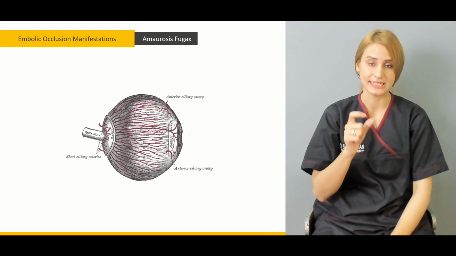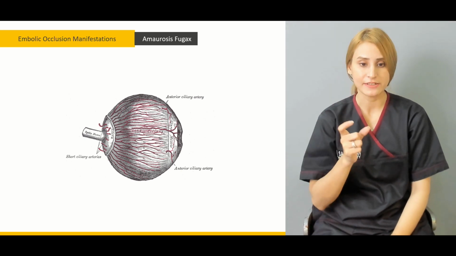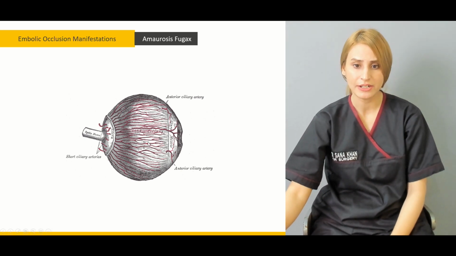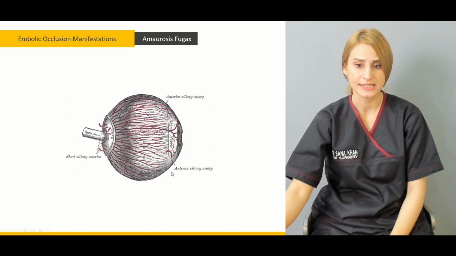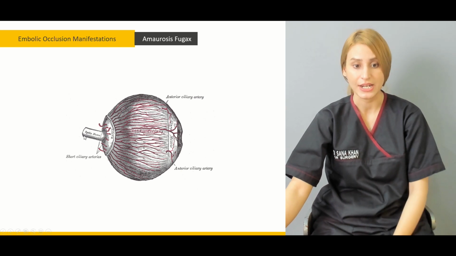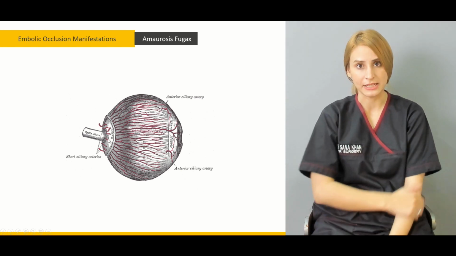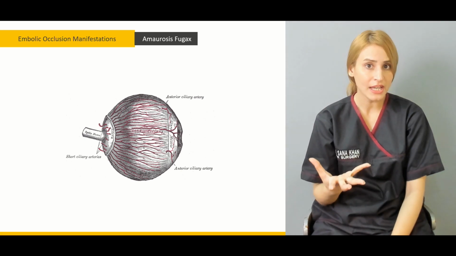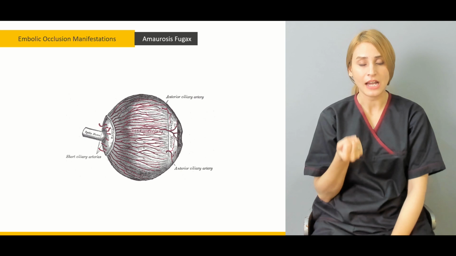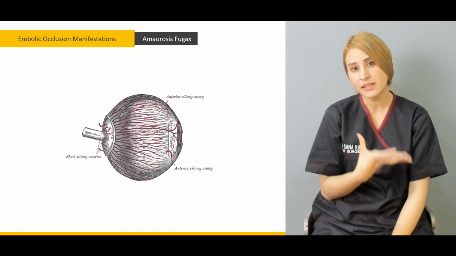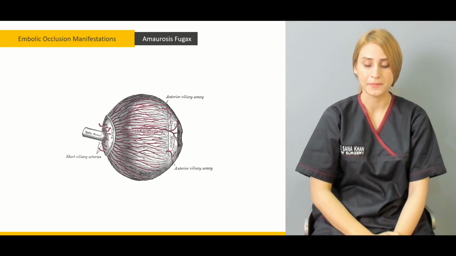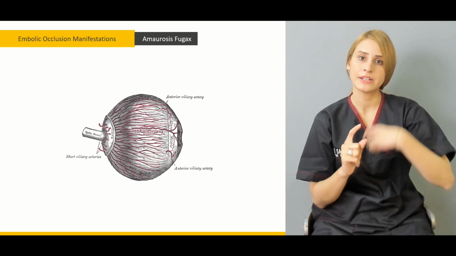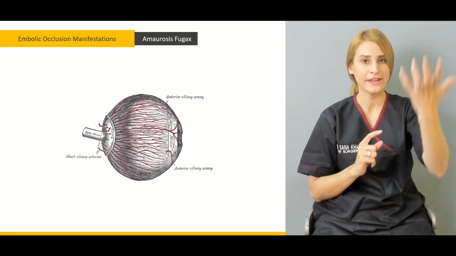It gets dislodged from that particular site and obstructs the central retinal artery. These are the short ciliary arteries, the anterior ciliary arteries, and this is the optic nerve. The blood supply of the eye is mainly from the retinal artery, which is a branch of the internal carotid.